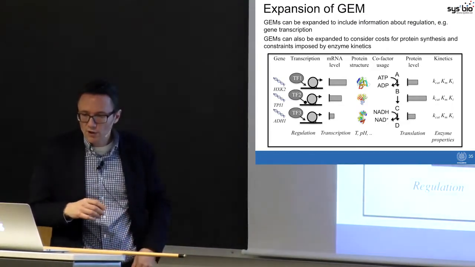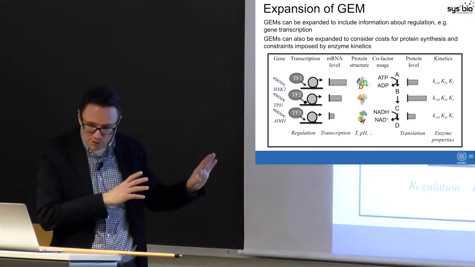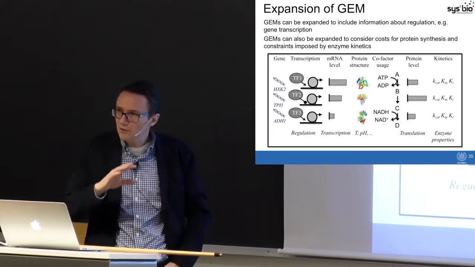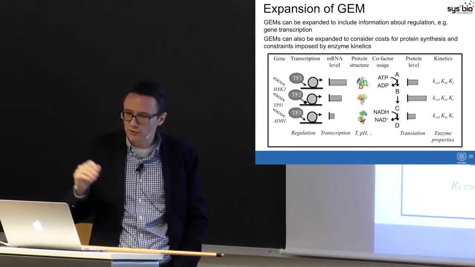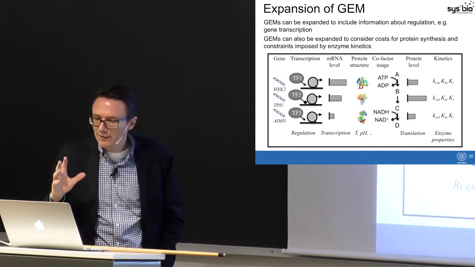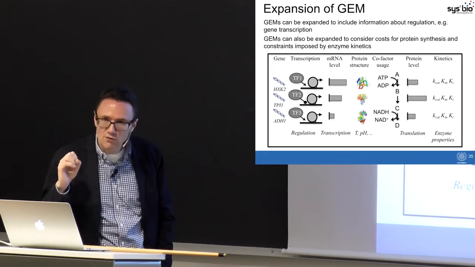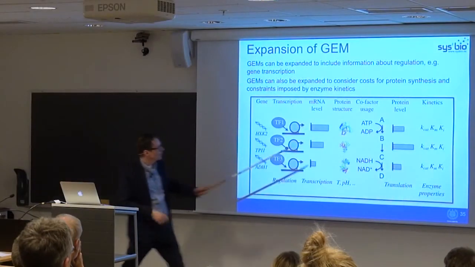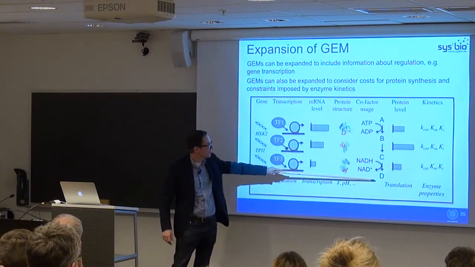What we are now working on, and this concept of genome-scale metabolic models, as I said, has been used extensively for many different bacteria, different fungi, but also different types of higher organisms. But what is particularly fascinating and interesting is that we can now begin to expand the scope of these models, because traditionally they only contain information about the stoichiometry.